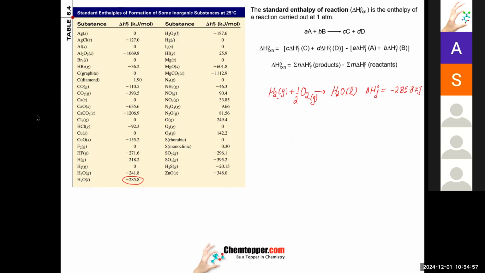We are checking for hydrogen gas, children. Here, hydrogen is 0. We are checking for oxygen gas. 0. So these are 0, 0. So whatever amount of energy change taking place over here is assigned as delta H naught formation for liquid water.